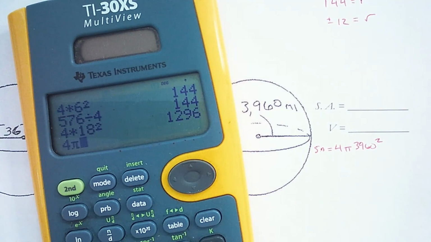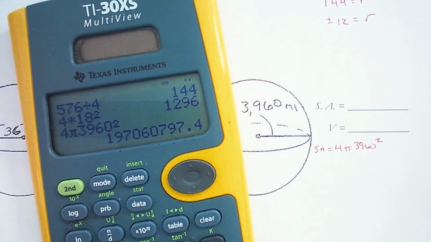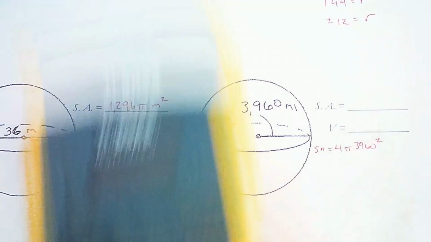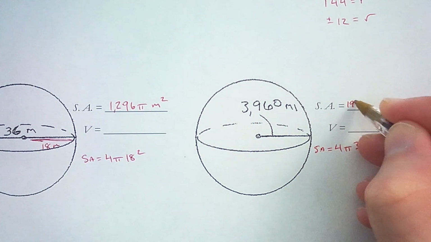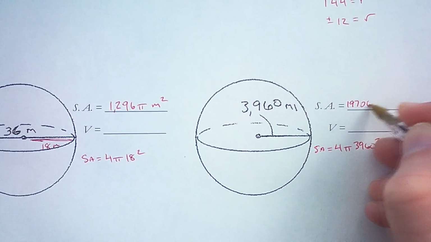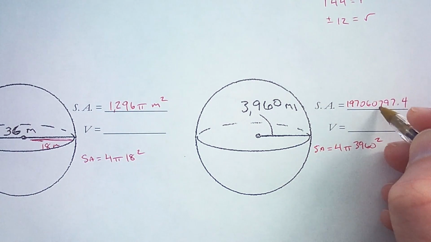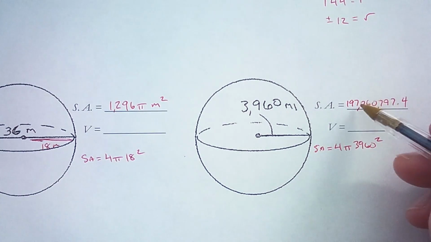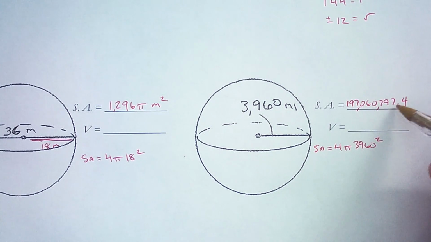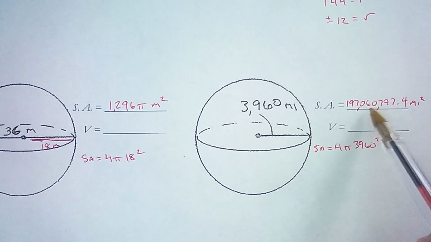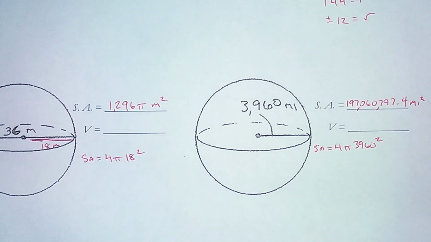So I have 4 pi 3960 squared, and I get 197,060,797.4 miles squared. That is an approximate surface area of the Earth.